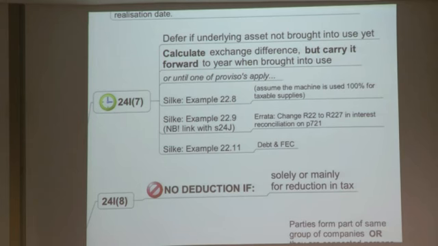Interest is incurred or accrues on a daily basis. So it means if 3 months before my year end, I have a loan transaction, a debt outstanding, I effectively will have 90 transaction dates for the interest that accrues on a daily basis. If it's in a foreign currency, I'm going to have to then take transaction date to year end, transaction date to year end. Can you see the issue?